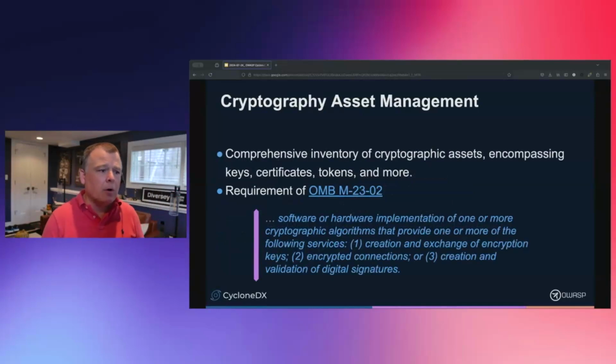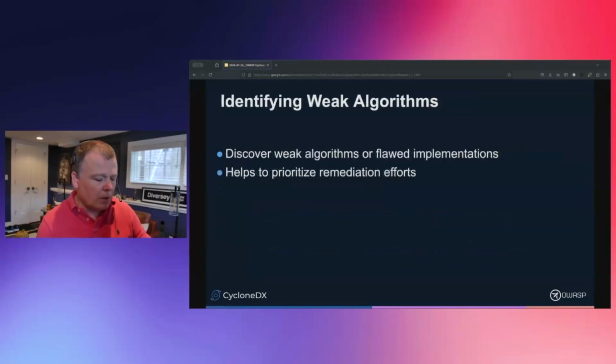This is actually a requirement of OMB M23-2, though. So all federal agencies actually need to do this, and CycloneDX actually gives them the ability to do so. One of the obvious things that you can do once you have this information is discovering weak algorithms, right? Am I using MD5?